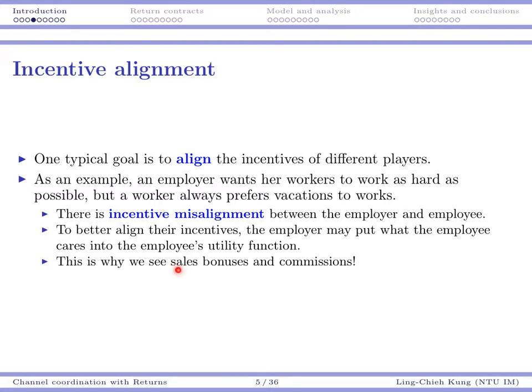That's why we see sales bonuses or commissions in employees' payment. Many workers are paid partly or fully with bonuses or commissions according to the amount of sales they generate or whether they meet some criteria set by the employers.